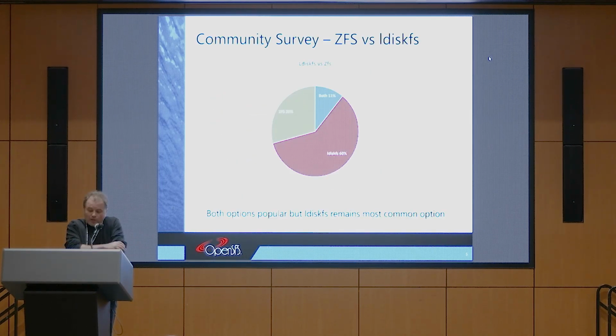And then we have a question about the usage between ZFS and LDiskFS, which was very useful for me to cross-reference with that previous question. The larger red is LDiskFS, the green is ZFS, and the blue is both. So 11% of respondents actually have both options available and in use in production.